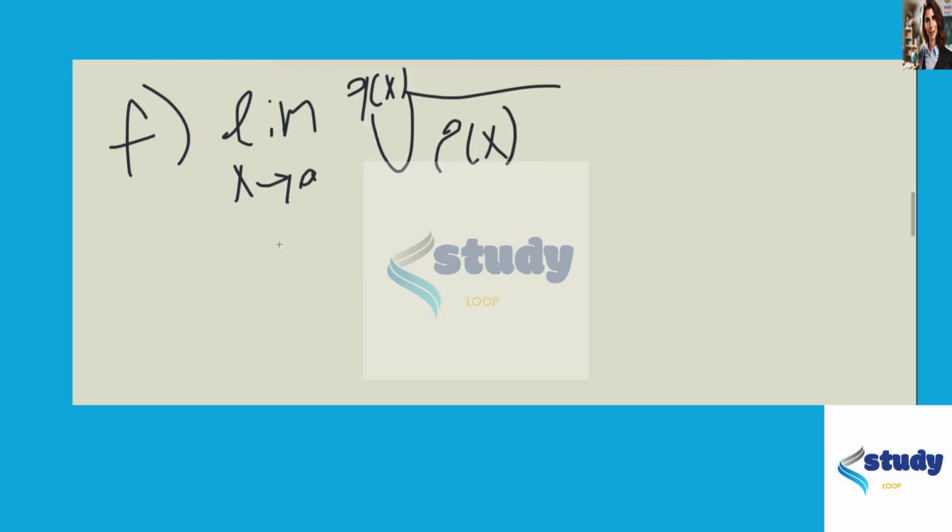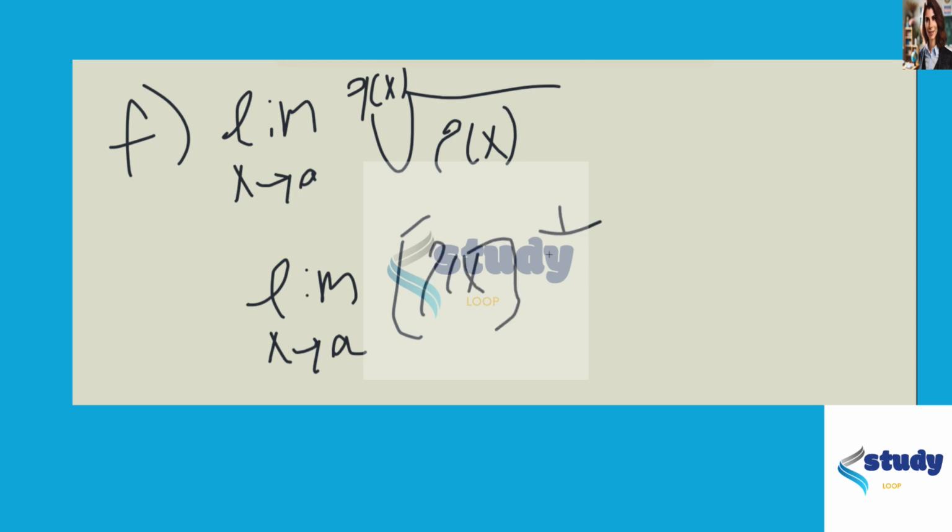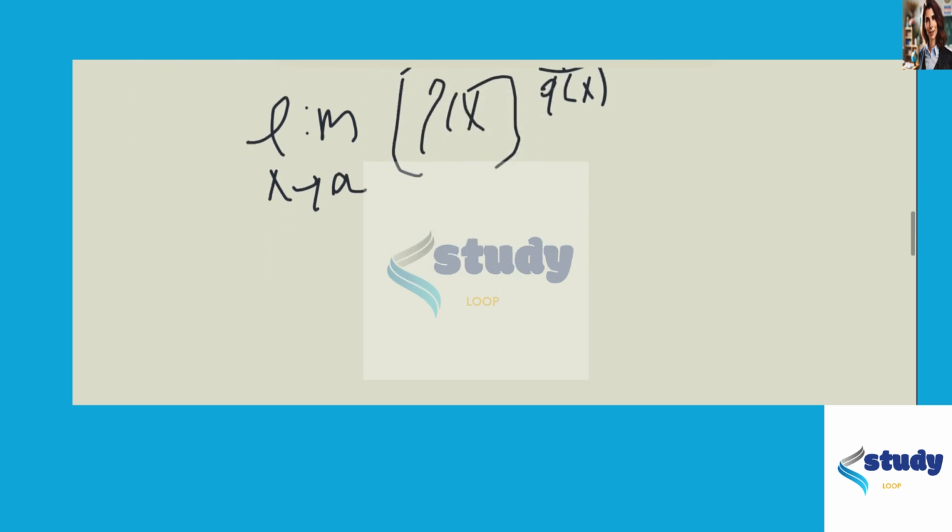Okay, so this is going to be equal to the limit as x approaches a of p of x to the 1 over q of x power, which we get as a form infinity to the 0. So this is going to be equal to infinity to the 0 power, which is an indeterminate form. So yes, this is an indeterminate form.